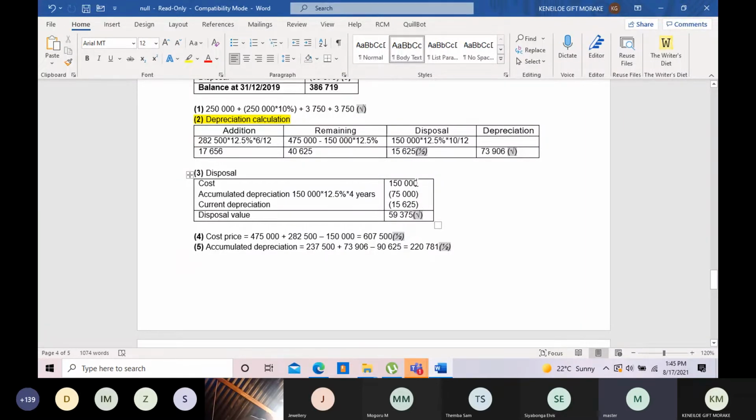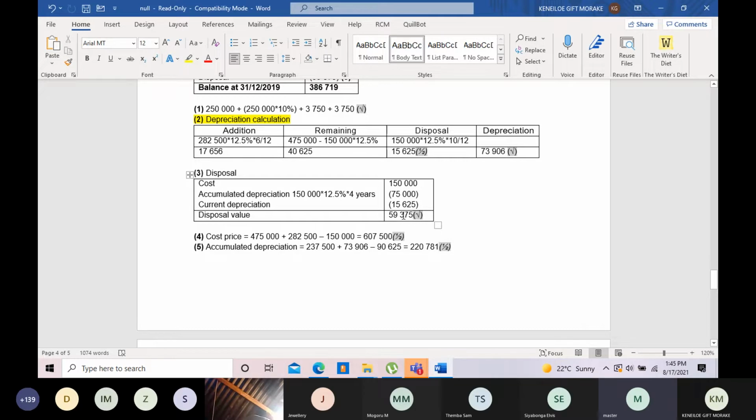So we say 150,000 minus 75,000 minus 15,625. You're going to get 59,375.